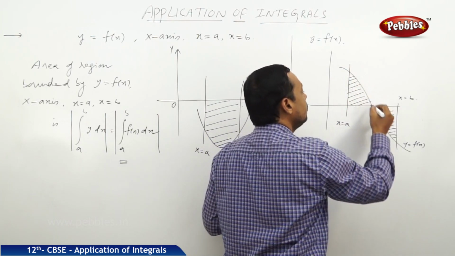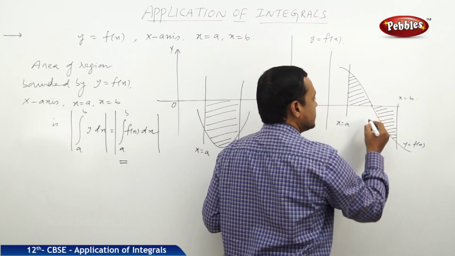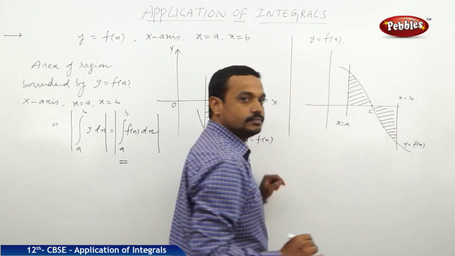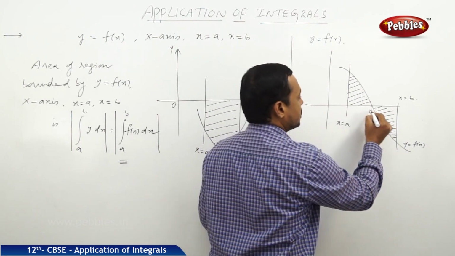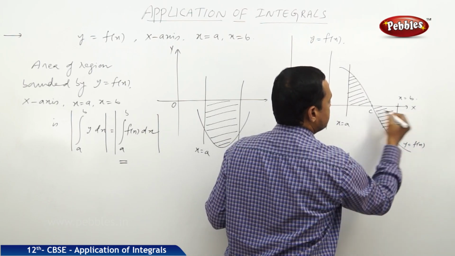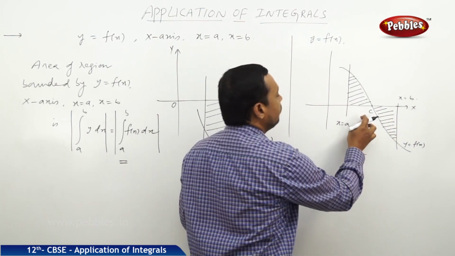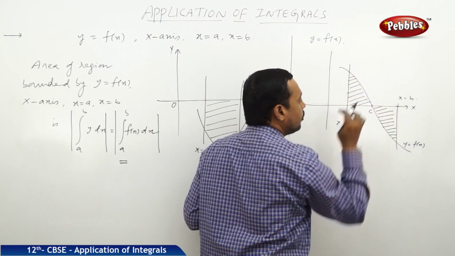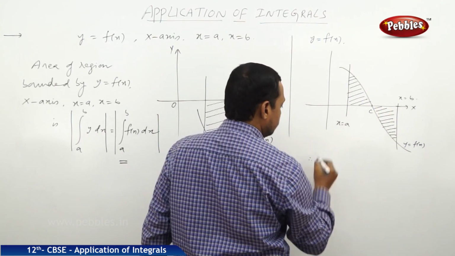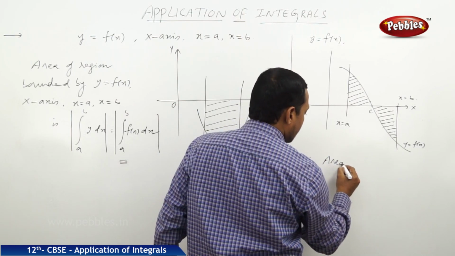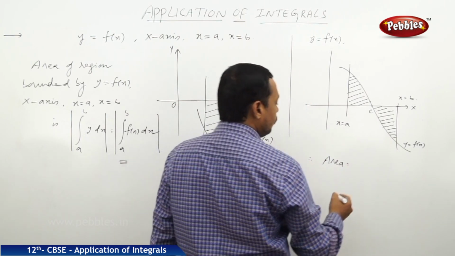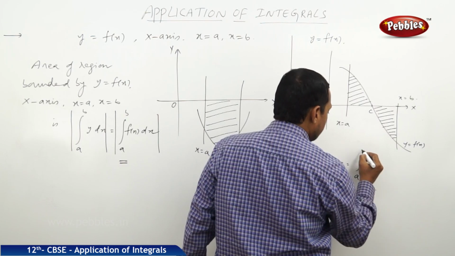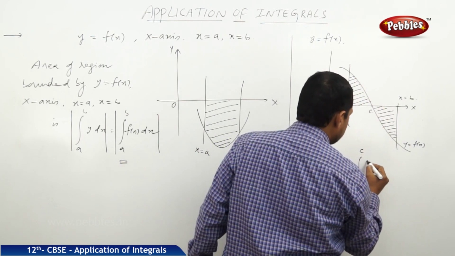This curve meets the x-axis at some point, let it be c. So between x equals a and x equals c, the graph is above the x-axis. Therefore, the area is the integral a to c f of x dx.